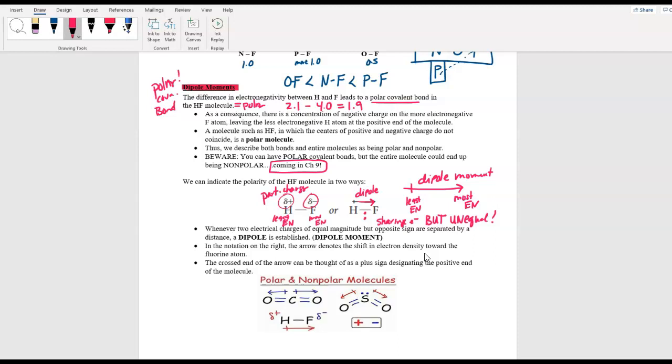In the notation on the right, the arrow denotes the shift in electron density towards the fluorine because he's more electronegative. He wants those electrons the most. The crossed end of the arrow, the little positive part of it, indicates that the positive end of the molecule is least electronegative.